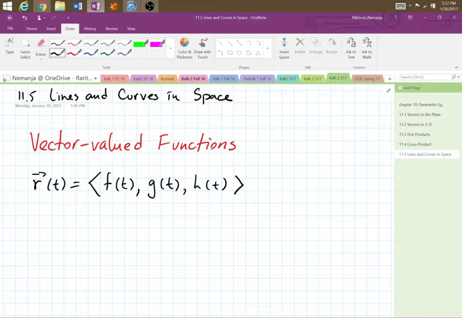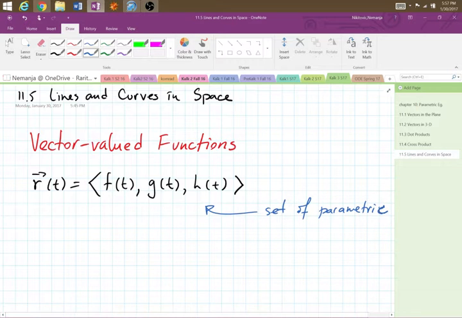So this is the set of parametric equations in 3D.